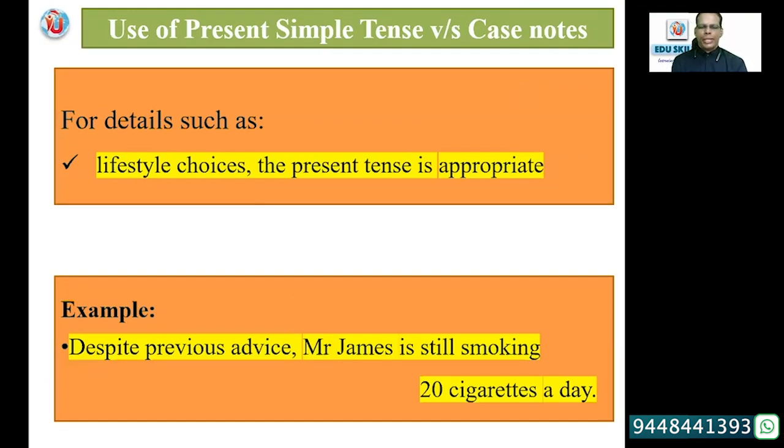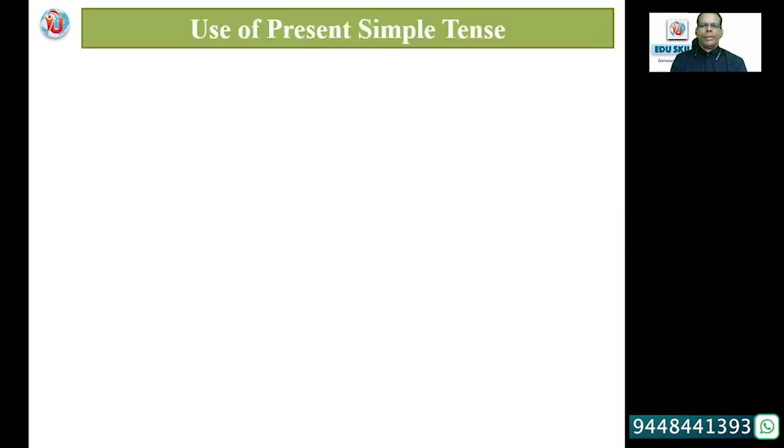Even now, he is smoking. So we are giving the details of his lifestyle, his habits. There you have to use the present tense.